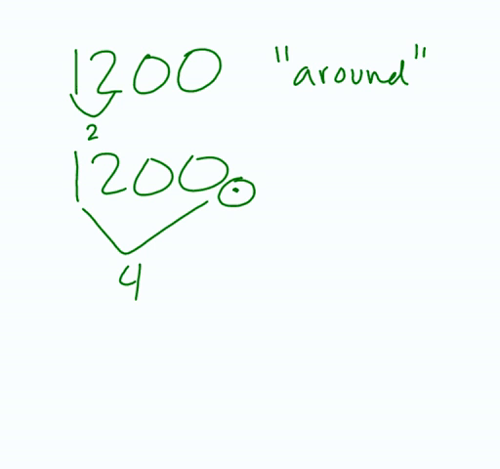But with the decimal, it's exactly 1200. So the decimal indicates a certain level of accuracy in the value, versus without the decimal, it's almost like an estimate. So remember, with the decimal, all the numbers, even the zeros, are going to be SigFigs. But without it, these are not SigFigs.